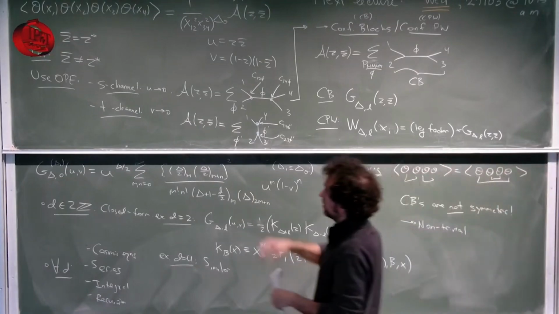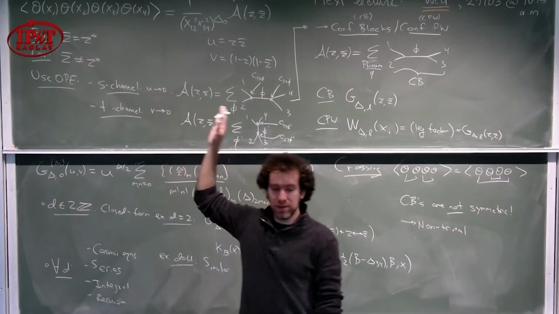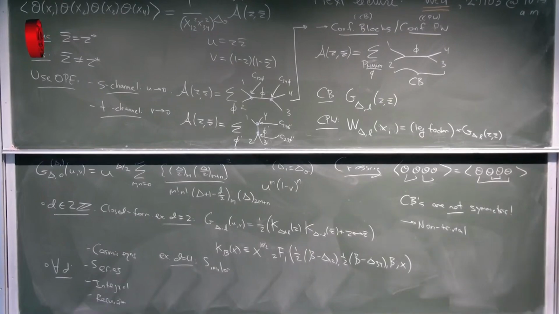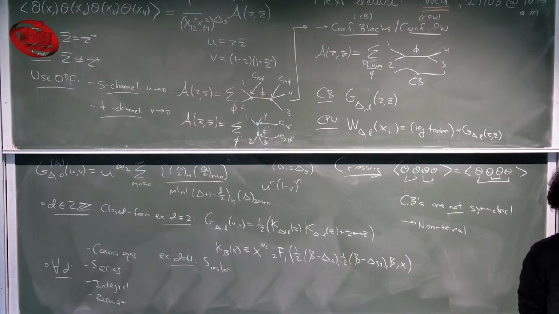So if I mark these with 1, 2, 3, and 4, does the conformal block depend independently on the dimensions or just on the differences? The answer is that it depends just on the differences. And this is something you can see at the level of the Casimir equation. But I'm struggling to get a solid bullseye explanation for why this is true.